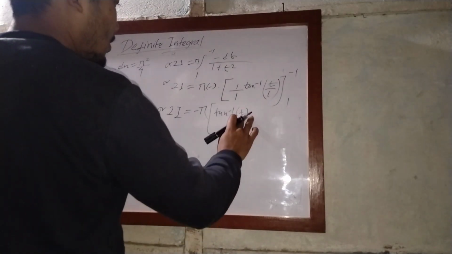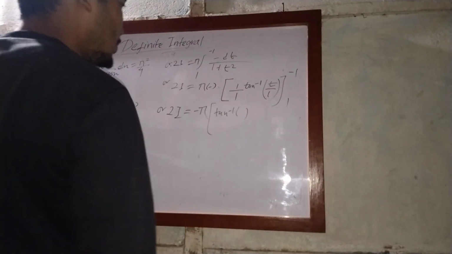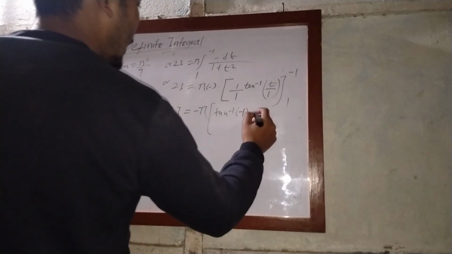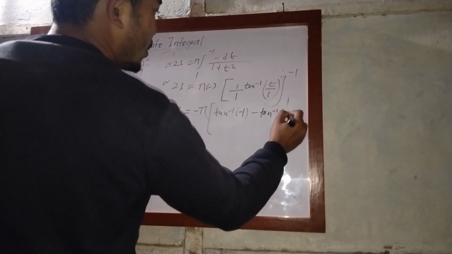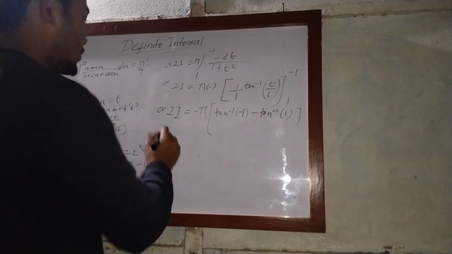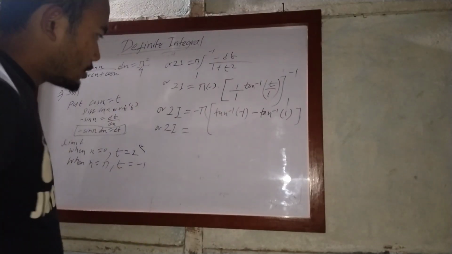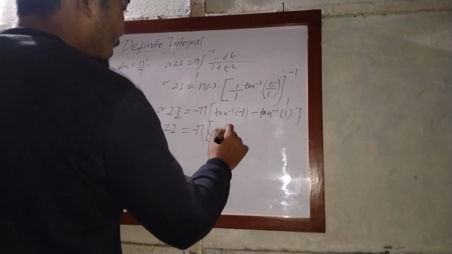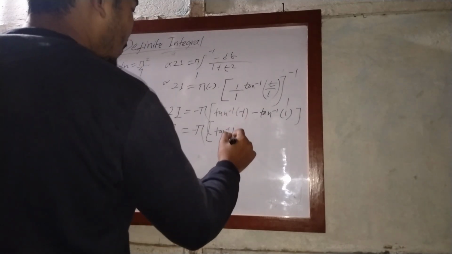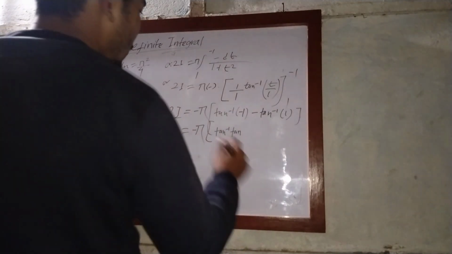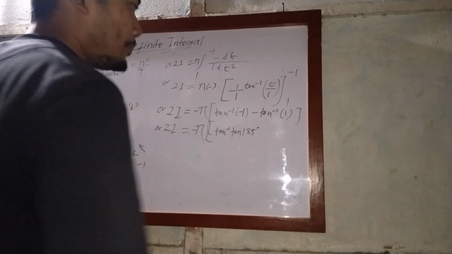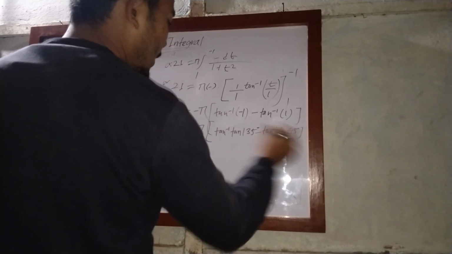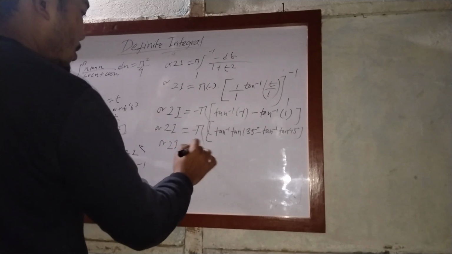Tan inverse t means we have to write here tan inverse of minus 1, and here tan inverse of 1. So 2I is minus pi times tan inverse of minus 1, which means tan of 135 degrees, minus tan inverse tan 45 degrees.